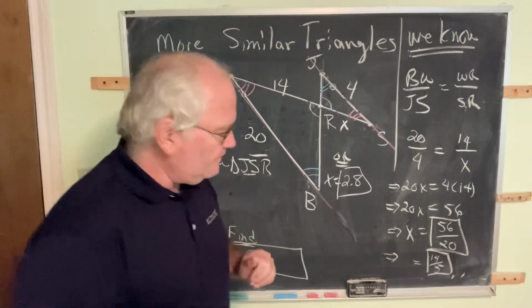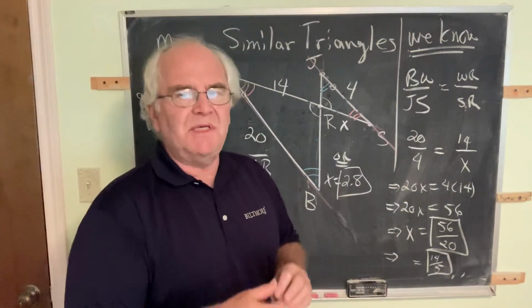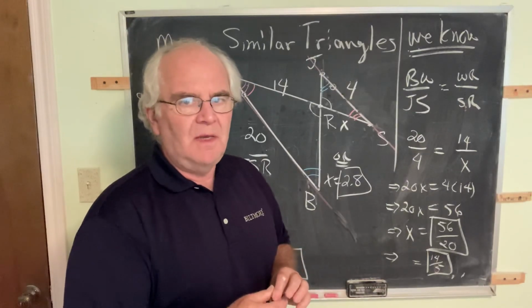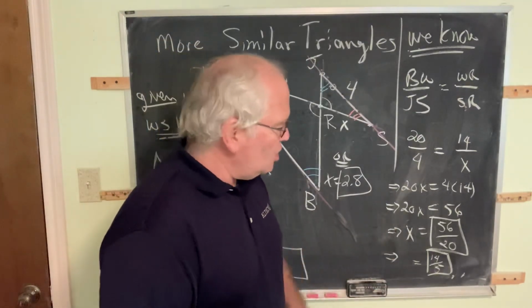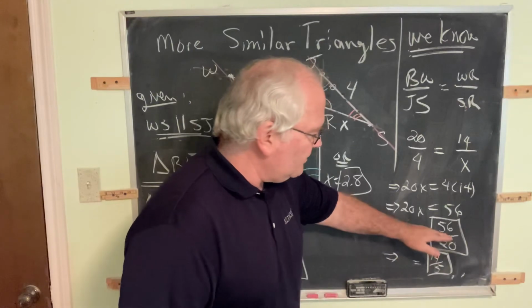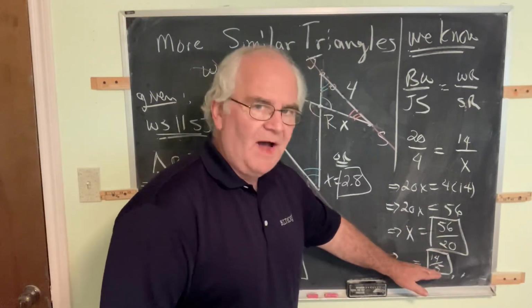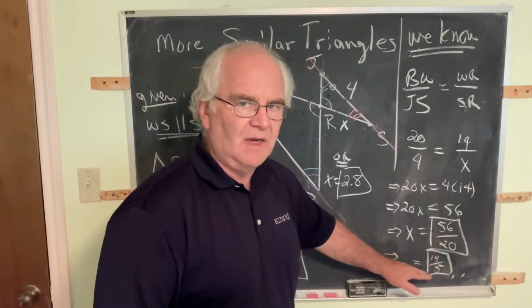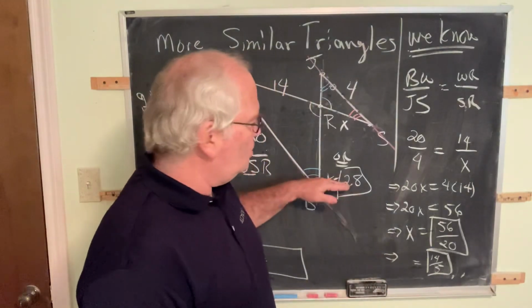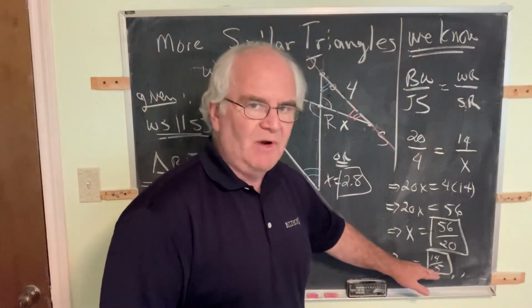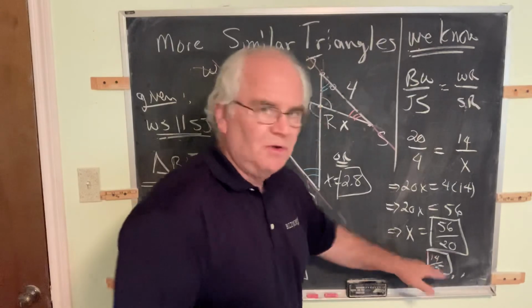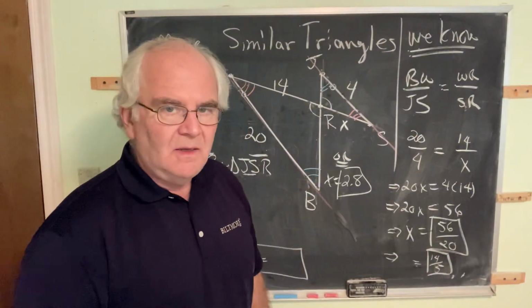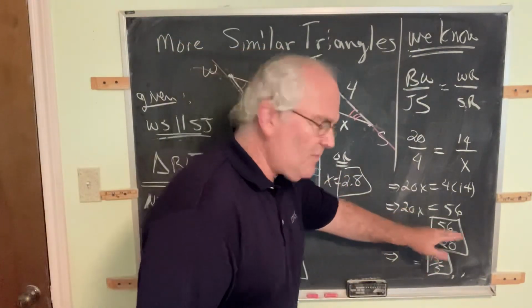Now here's the thing. Let's suppose this is a multiple choice question. You might have 56/20 and I might have 14/5. I would expect you to know those are the same thing. You might have 2.8 and I might have 14/5. I would expect you to know those are the same thing. That's on you.